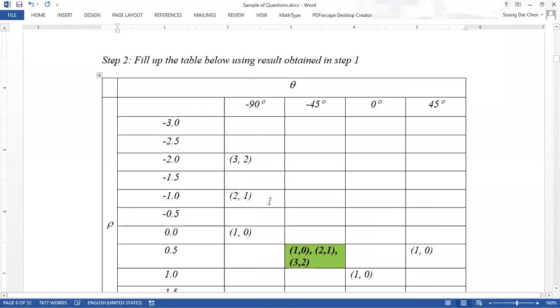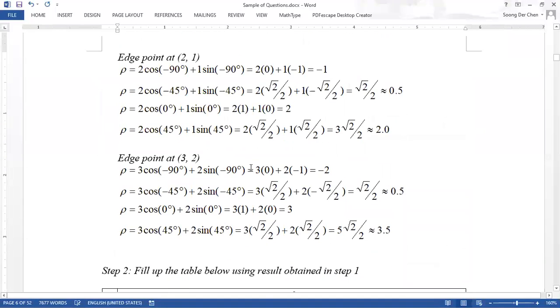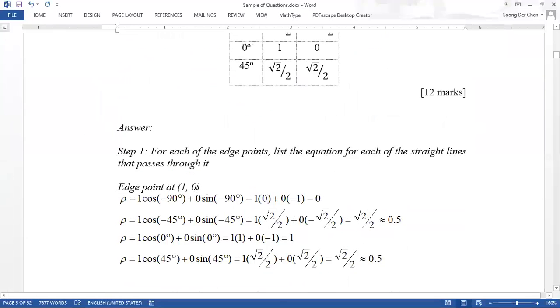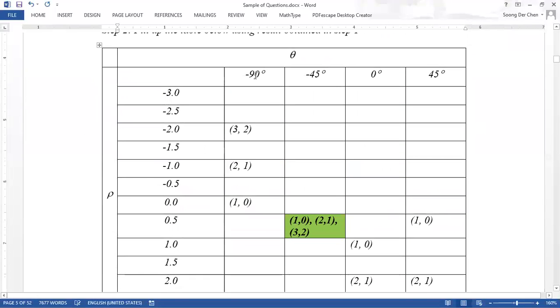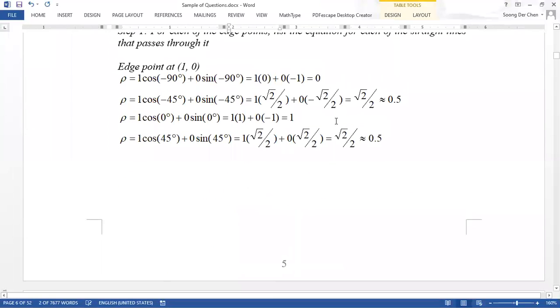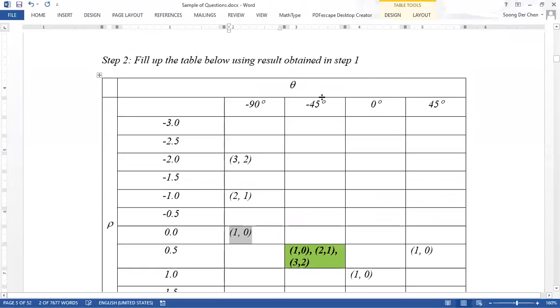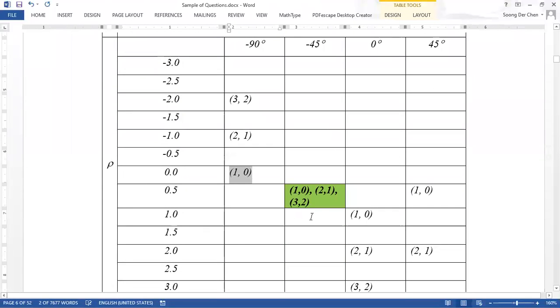Okay, so you start to put all the points in. Start with this one, 1, 0. So negative 90, 0, pass through point 0. And what else? Negative 45, 0.5. 1, 0.